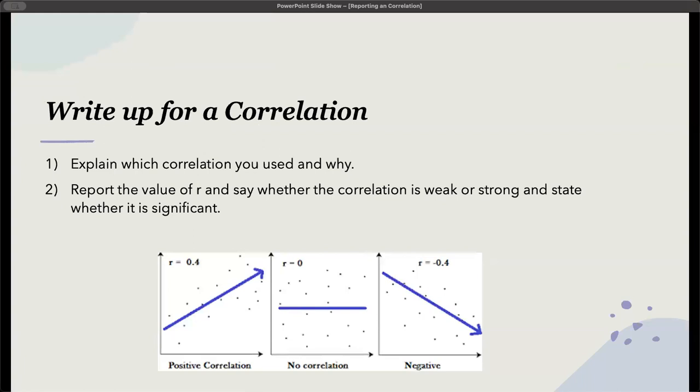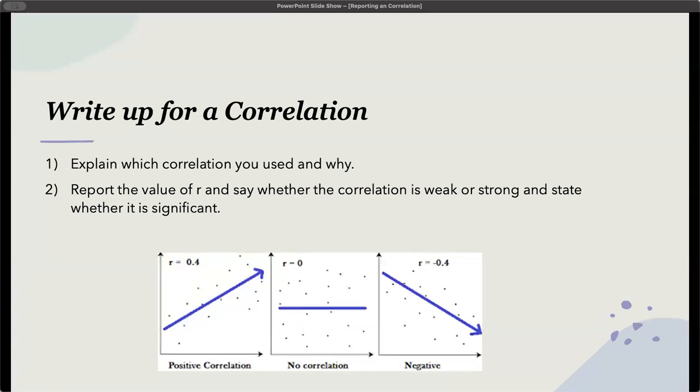For correlation, the first thing you need to do is explain which correlation you used and why. If you use Pearson's correlation, you have to specify it's Pearson's. If it's Kendall's tau or Spearman's correlation, also specify that you've used that correlation.